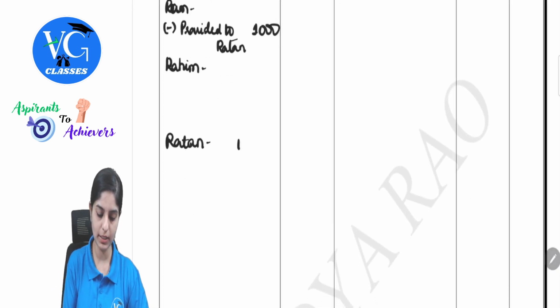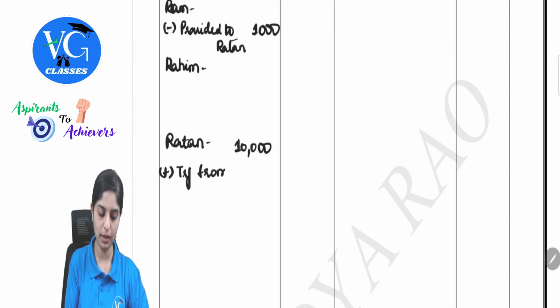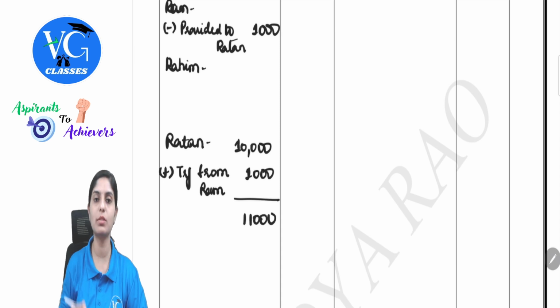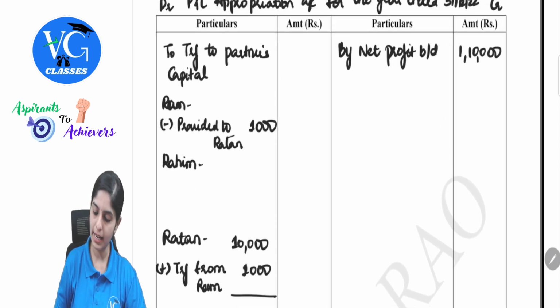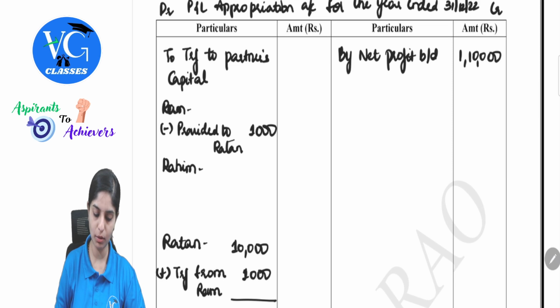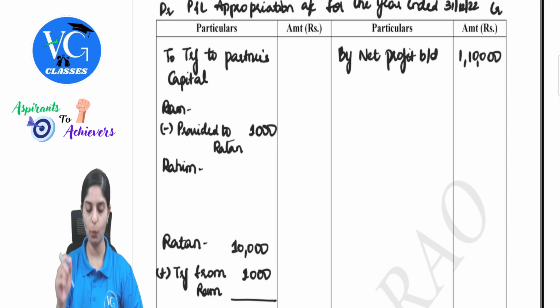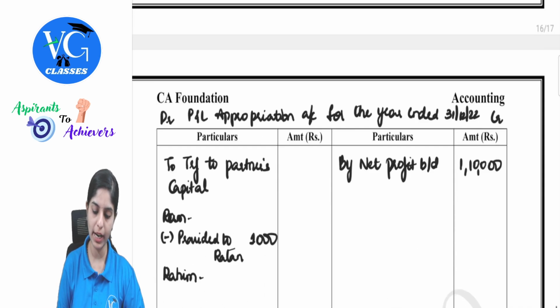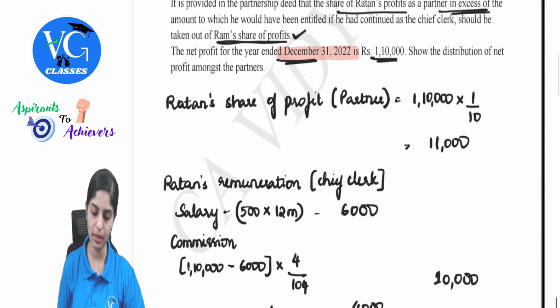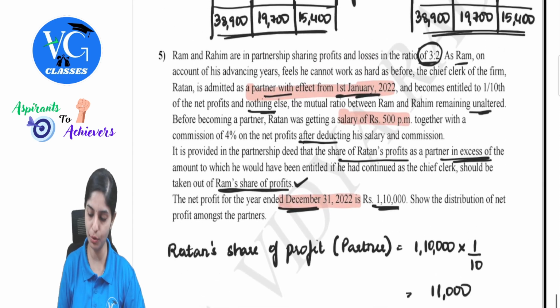So Ratan was getting 10,000 as part of his salary plus transfer from Ram 1,000. So he would ultimately get 11,000 as his share. So the balance left from 1,10,000 by transferring 10,000 to Ratan will be 1 lakh, which will be provided to Ram and Rahim in the ratio of 3:2.